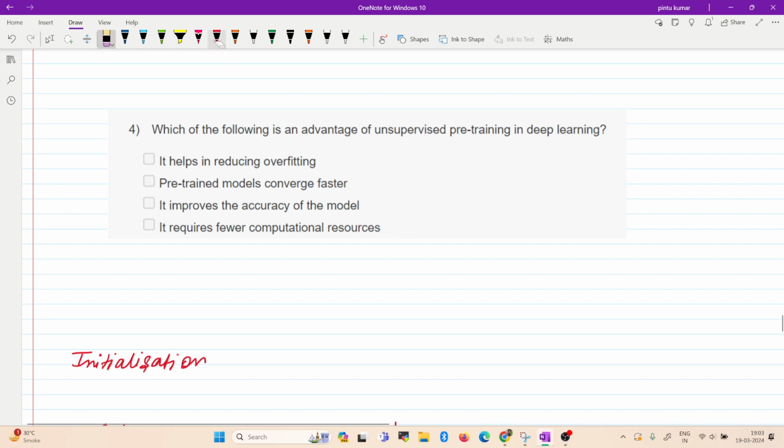So, a few moments ago I mentioned that it has two advantages. First is better optimization, and second is some sort of implicit regularization.